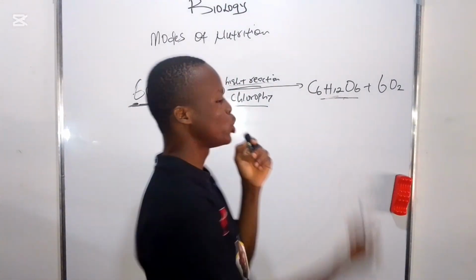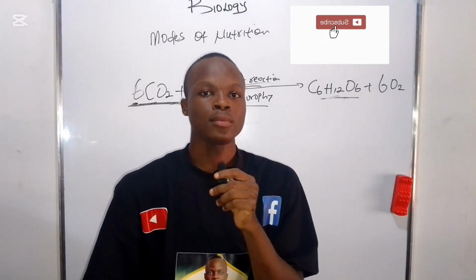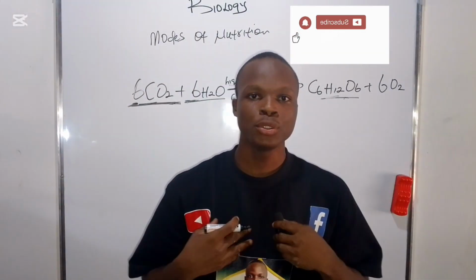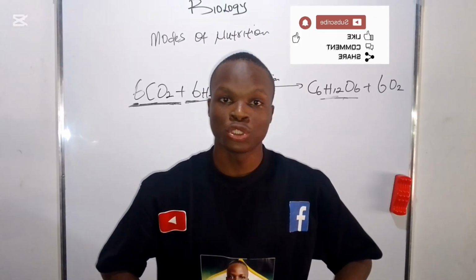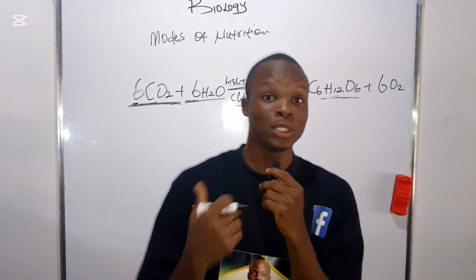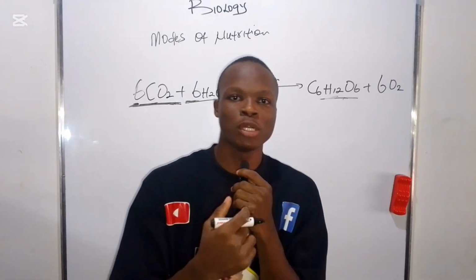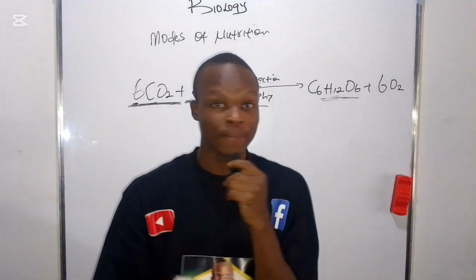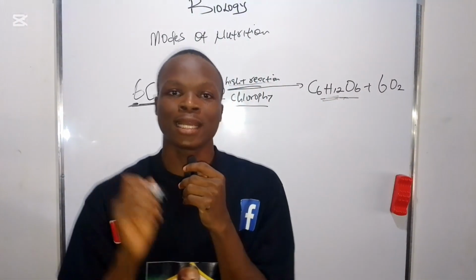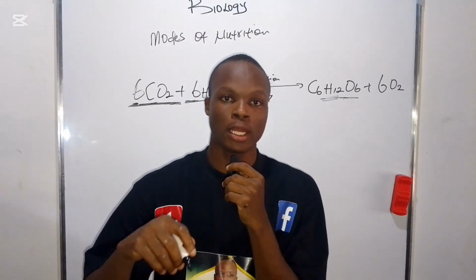Now, this is the product, and as a human being, do you know you have glucose in your body? Glucose is here, glucose is in your stomach. That is why sometimes if you didn't eat, you find out that you still have a little energy to function. You are doing it because of the glucose you have in your body. So it's very important. And cassava stores its glucose.